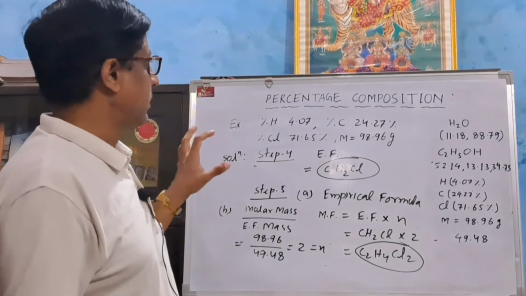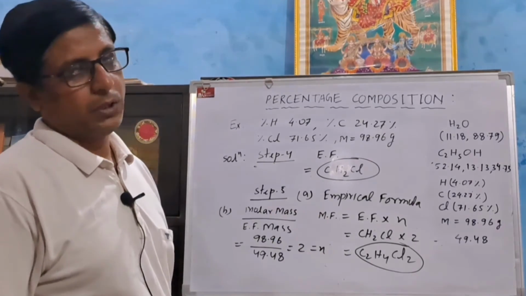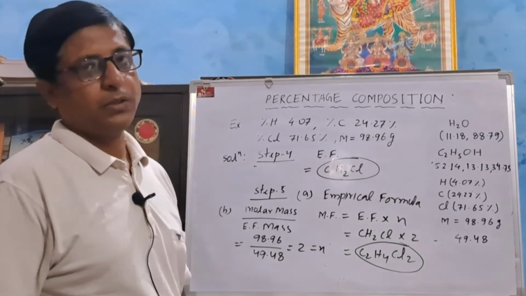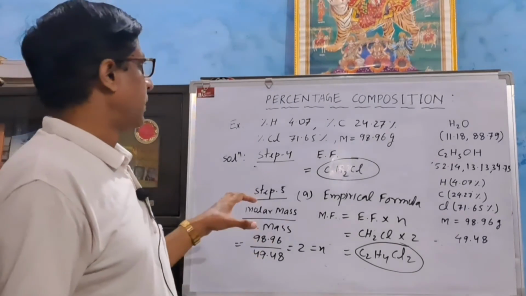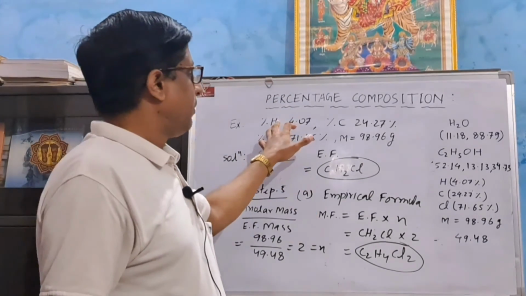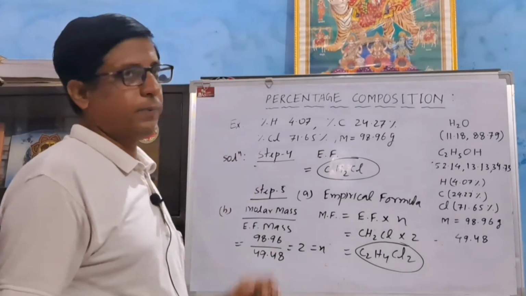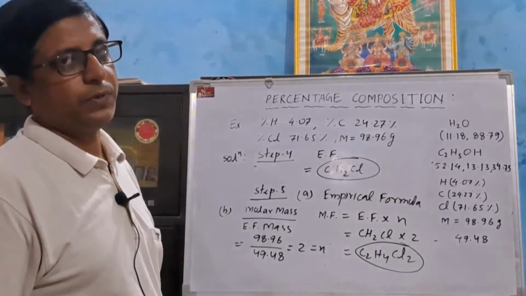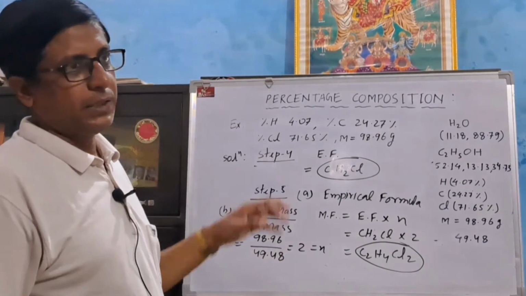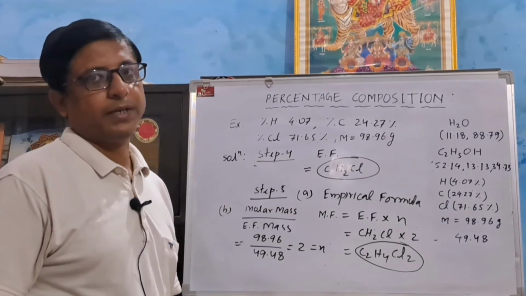So, in this example, we have determined the empirical formula and molecular formula by using the data of percentage composition and molar mass of the compound. In the first step, we convert mass percentage into grams. In the second step, we obtain the number of moles of each element. In the third step, we obtain the simplest ratio of number of moles of different elements.